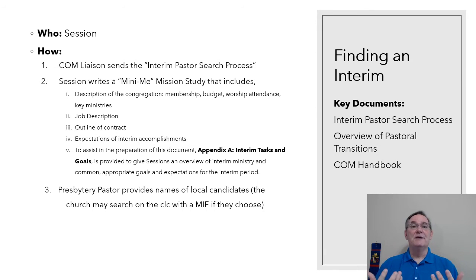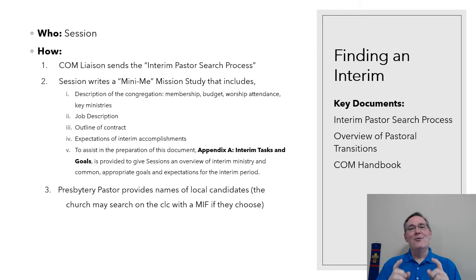It's not the full-blown mission study that will occur later. It's just give us the basics, tell us where you're at right now. So membership, budget, worship attendance, key ministries, and then of course a job description and the outline of the contract. This is something that candidates are going to want to know. They want to know what they're doing, and they're going to want to know what the terms of call are.